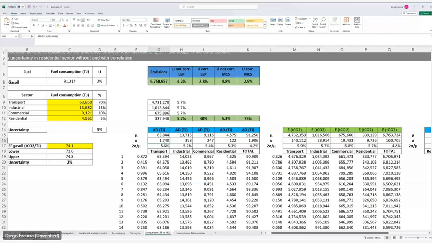And we can see here 2 times the standard deviation divided by the mean, the coefficient of variation, that it's around 5%. That's the input that we included in our model.